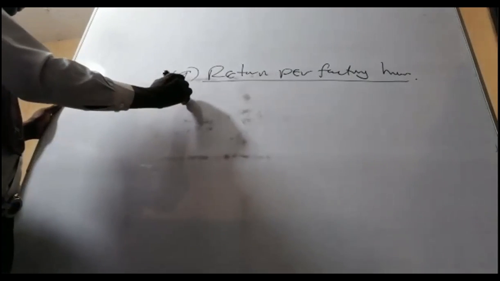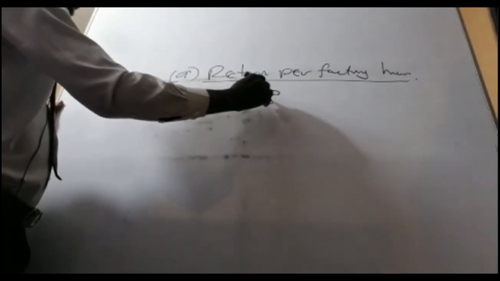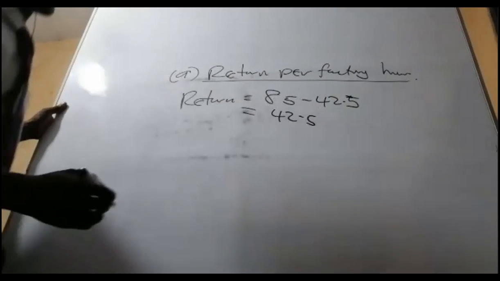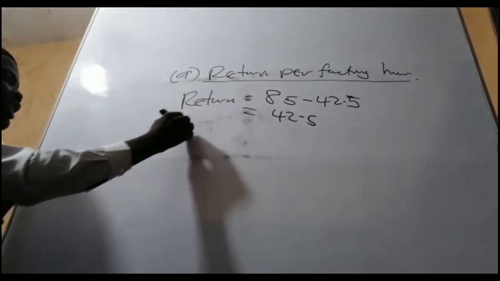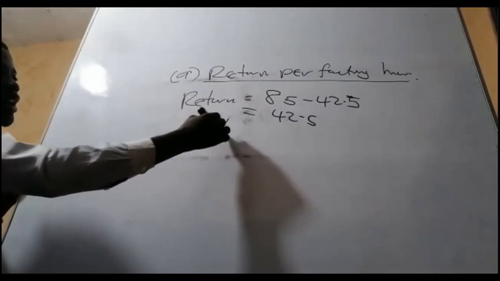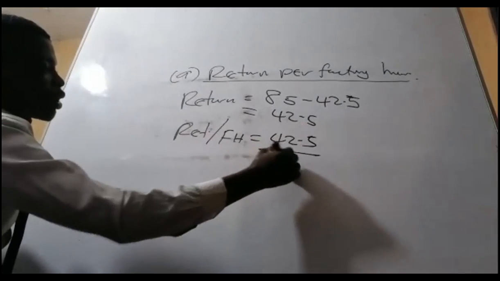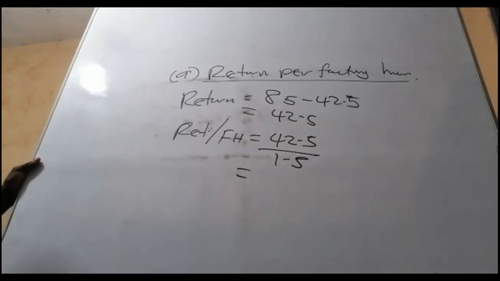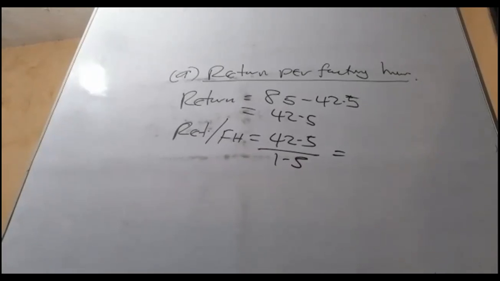The return itself here will be the throughput, which is equal to 85 less 42.5, and that will give us 42.5. Now the return per factory hour will be the 42.5 divided by what? 1.5 hours. That is it. And that will give us, let's do that here, 42.5 divided by 1.5.